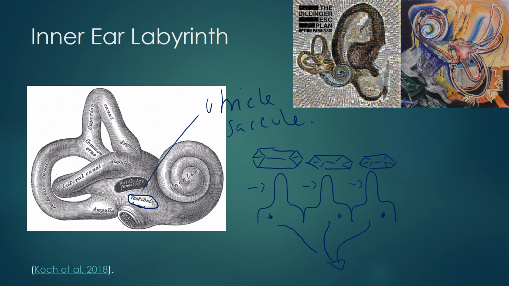As someone, for example, accelerates rapidly in a car, or again, we're going to use an airplane as an example, you can sense that you're accelerating forward due to the movement of these calcium carbonate crystals within the fluid in the utricle, and they stimulate these hair cells that then send a neurological signal telling us that we're moving forward rapidly. Whereas the saccule works in a similar way, but that responds to vertical acceleration.